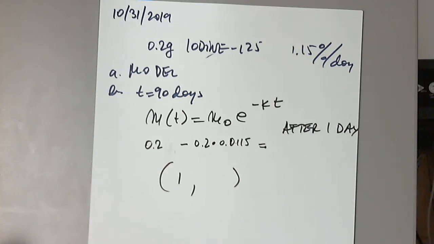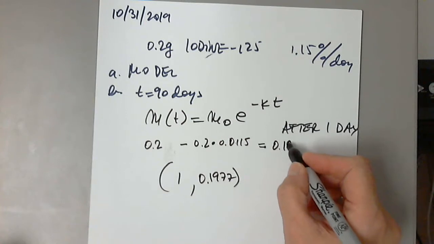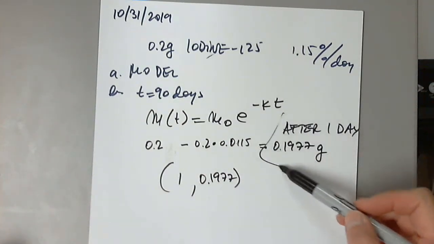It's 0.2 minus 1.15% of 0.2, which is 0.0115. So I got 0.1977. Is that correct? Yes. So 0.1977 grams after 1 day.